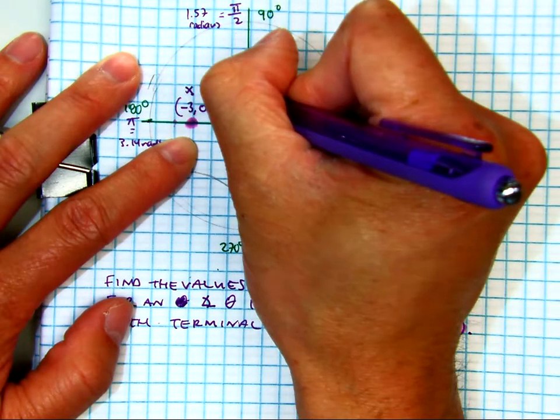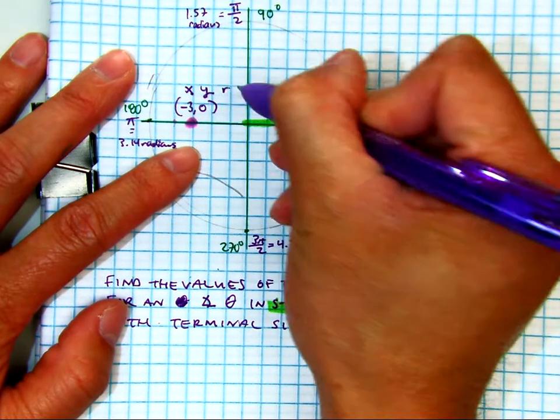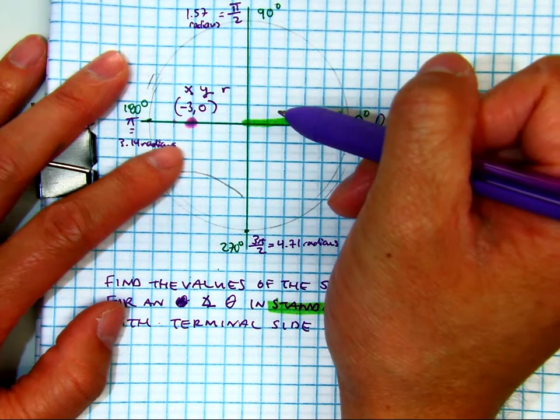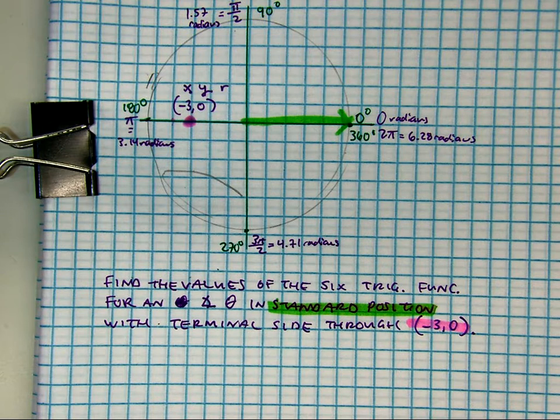Partner A, tell partner B what formula you can use to solve for the r value. Ready, set, go. Regina, what can we use? Not here. Kaylee P, what can we use?